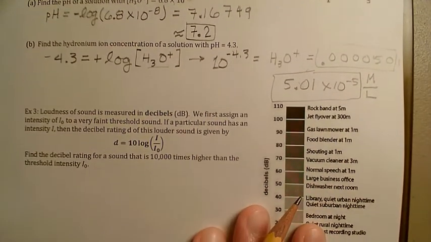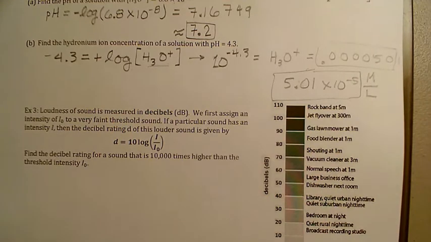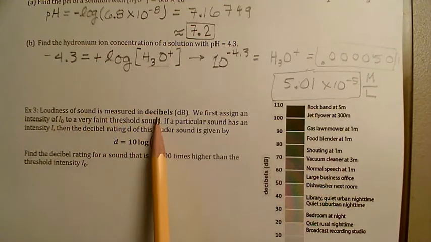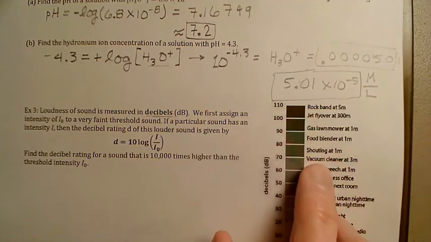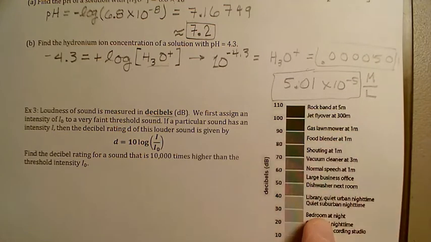Okay. Another application for the common log is decibels. You probably have heard of decibels. It's some kind of indication as to the loudness of a noise. There's a big issue in Montclair with leaf blowers and people complaining that they're too loud.